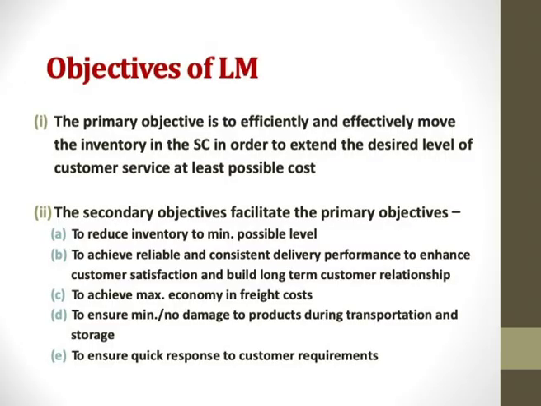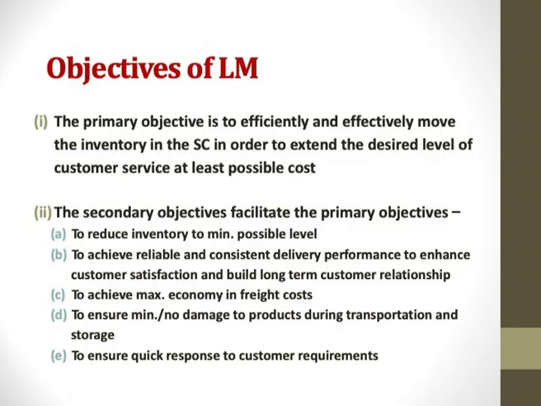The secondary objectives facilitate the achievement of primary objectives. These secondary objectives are to reduce inventory to the minimum possible level across the chain, across the entities that are there in the logistics management. Inventory has to be maintained at the least possible level to achieve reliable and consistent delivery performance.